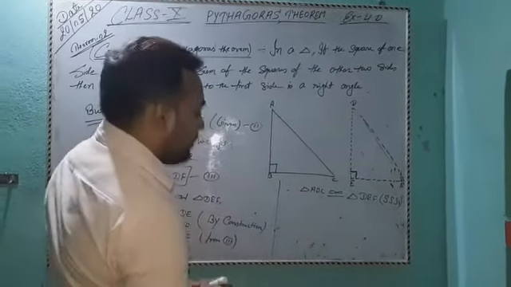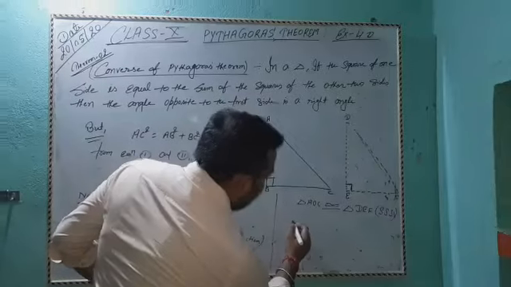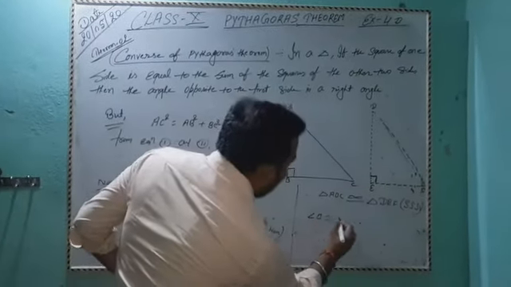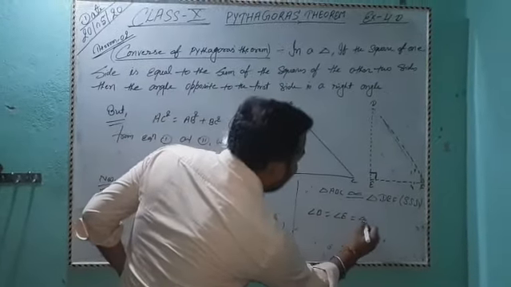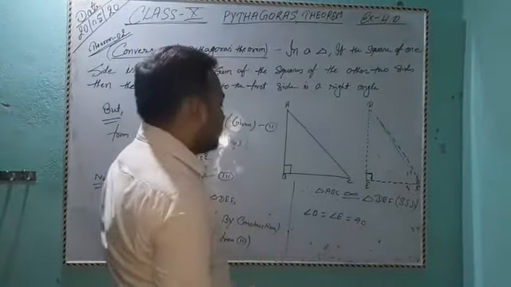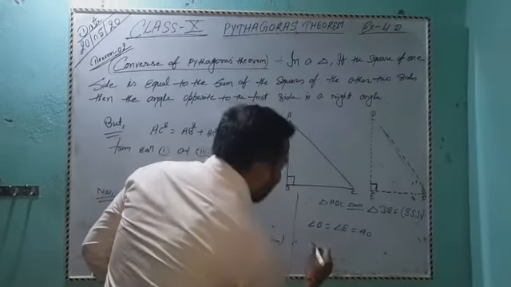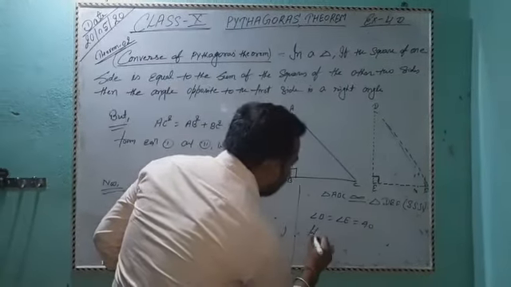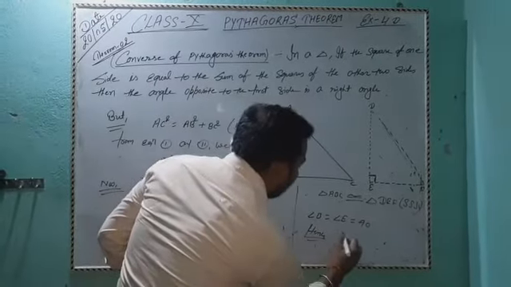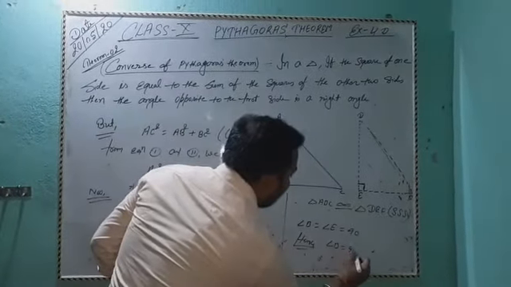Then we write angle B equals angle E equals 90 degrees. So we prove that, hence, angle B equals 90 degrees.